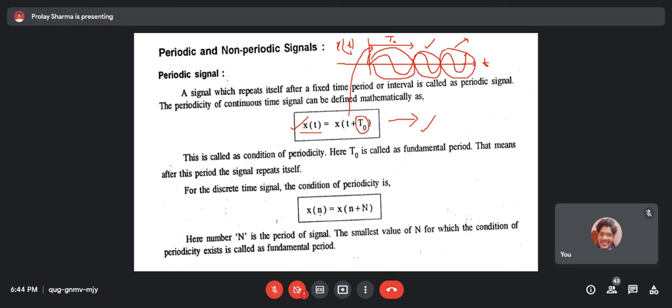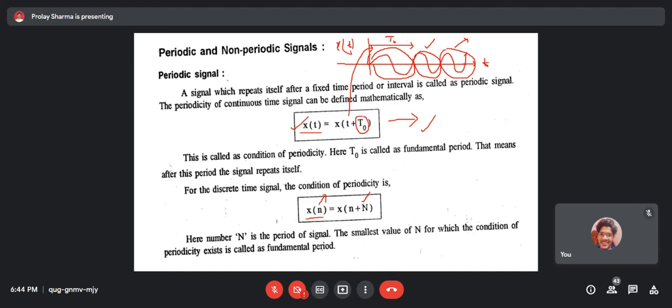If we consider a discrete signal, then the mathematical equation will be written with x[n]. n denotes the discrete time instances: 0 second, 1 second, 2 second, 3 second, like that. And like capital T, capital N is the period of the signal.